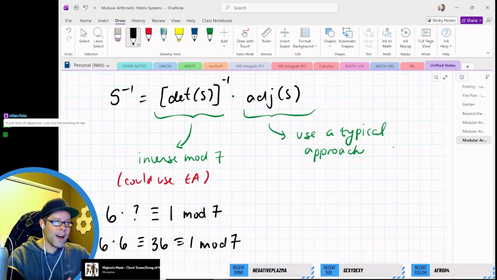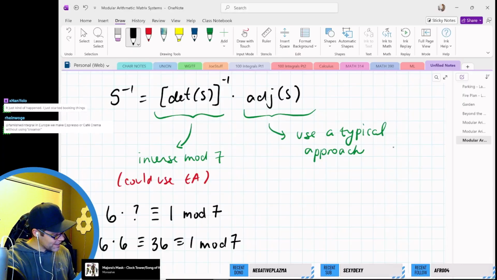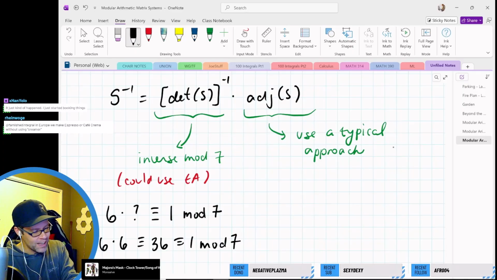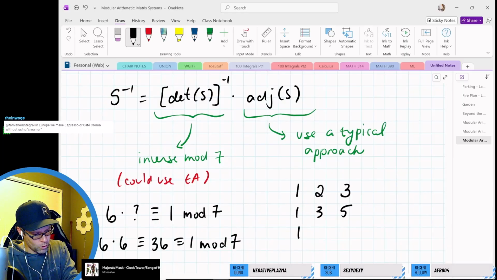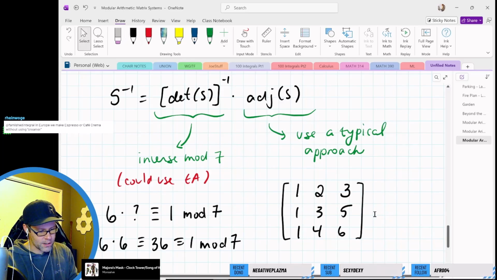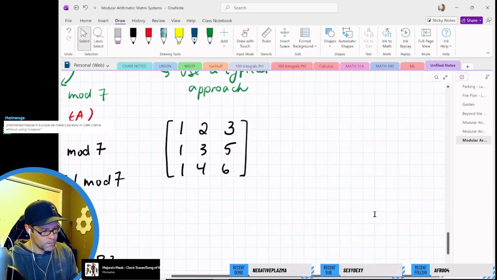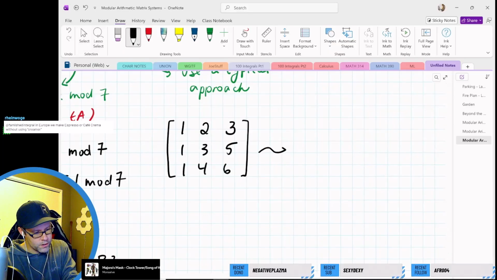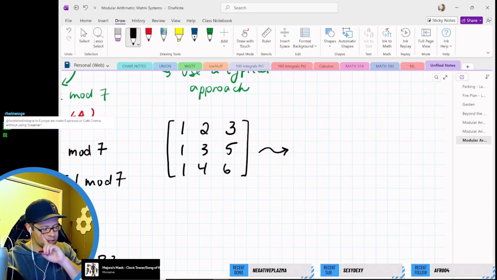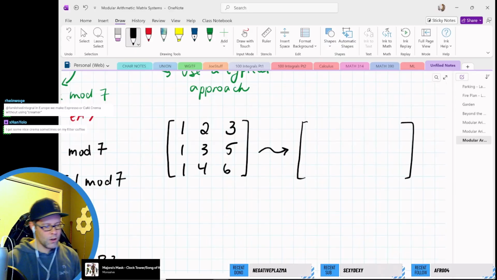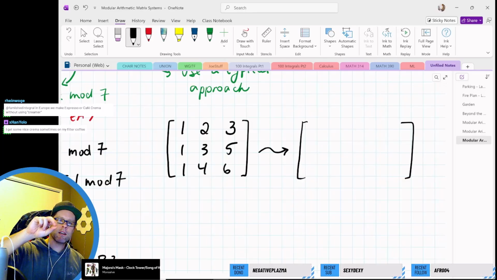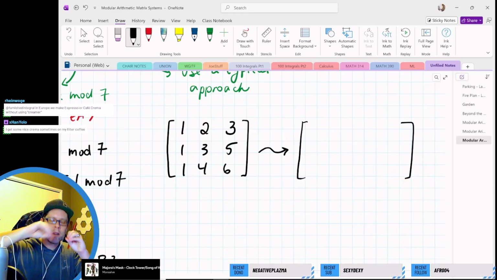So, how do we find the adjoint? That's the other good question. So, if we take our matrix, 1, 3, 5, 1, 4, 6. So that's S, right? What we want to do is we effectively want to create a new matrix where each entry is like a little 2x2 determinant.